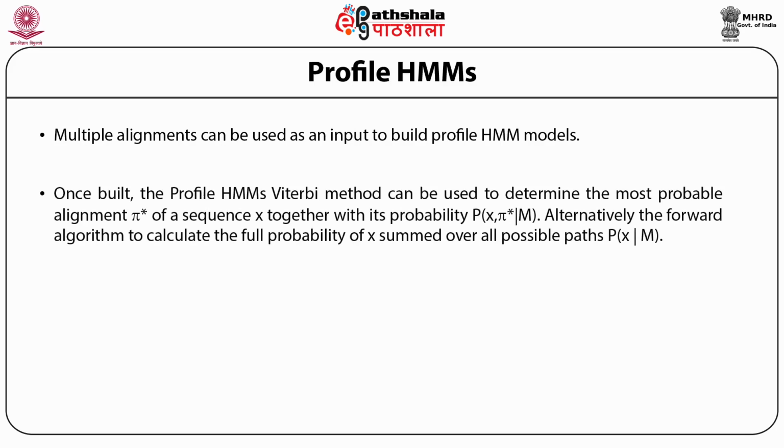Once built, a profile HMM lets us use the Viterbi algorithm to determine the most probable state sequence within that complex alignment, which would actually give me the alignment of a particular sequence to the rest of the family. Alternatively, I can use the forward algorithm to calculate the probability that a sequence belongs to a particular family, summed over all the possible paths in the hidden Markov model.